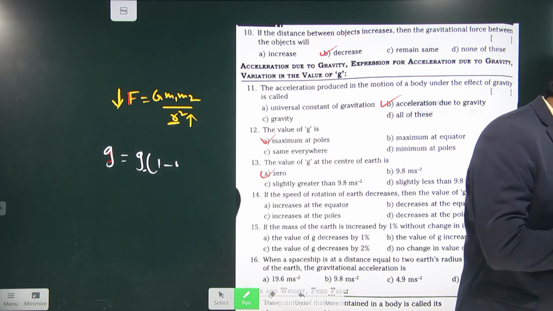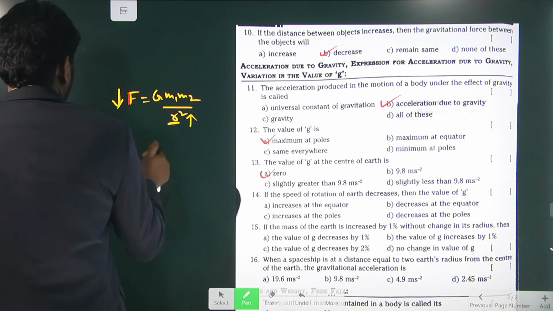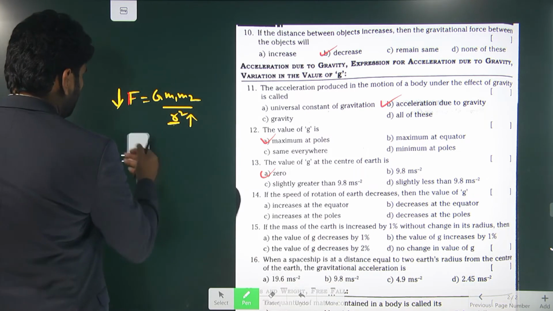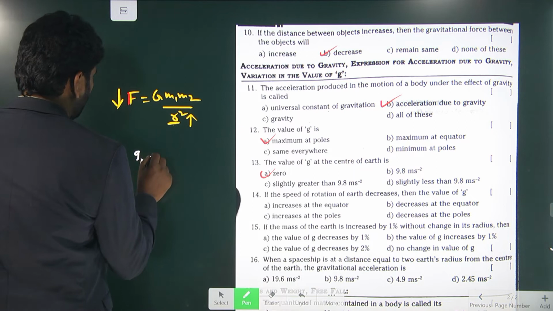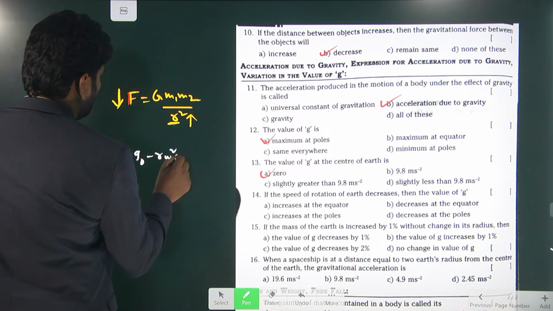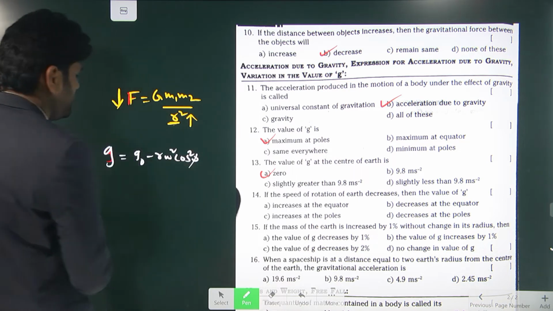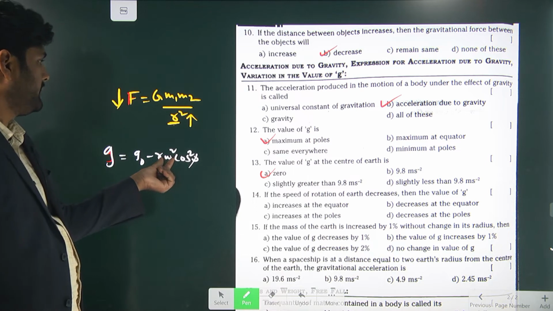g is equal to g naught times 1 minus r omega square cos square phi divided by g. So this is the equation you already know.